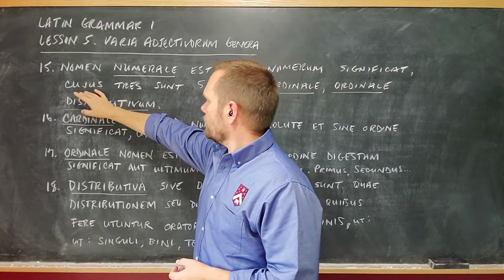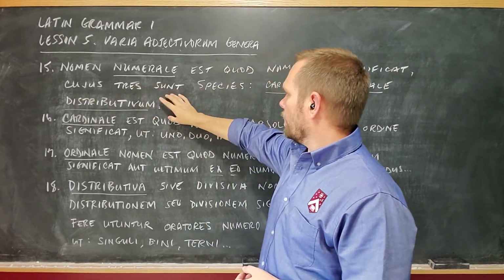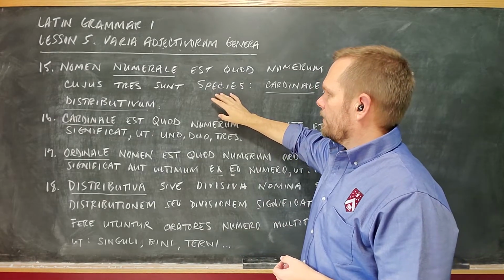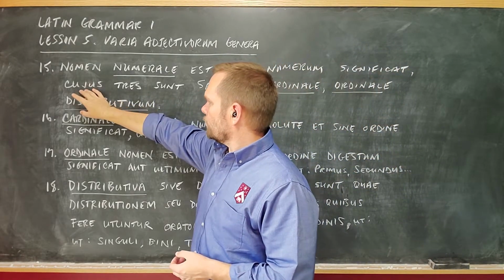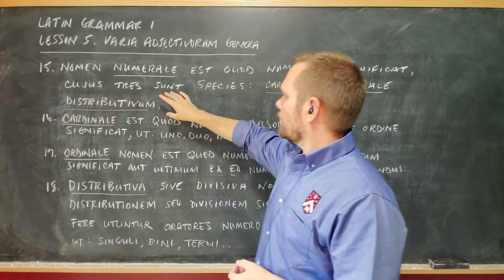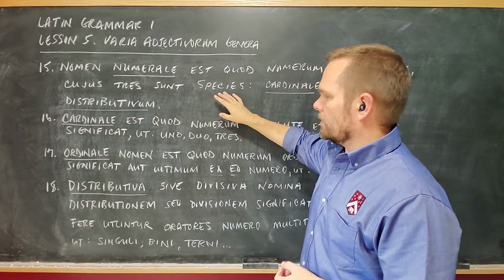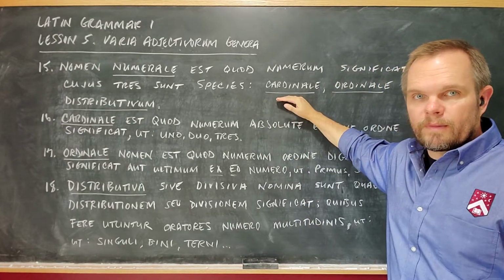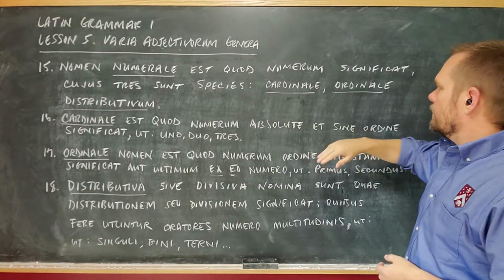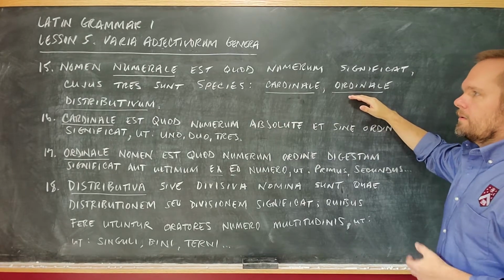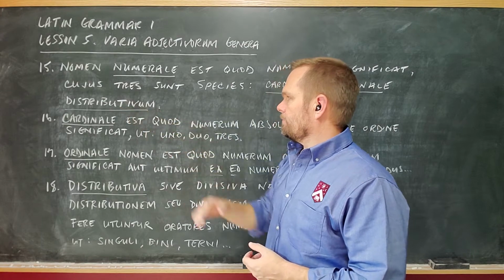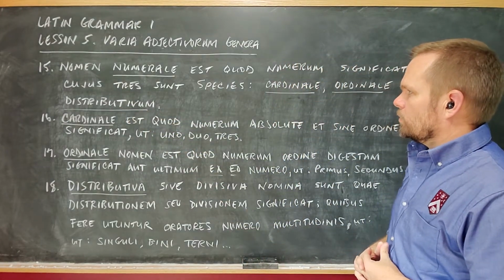Cuius, of which 3 are the species or types. Cardinale, it's one type of numeral noun. Ordinale, the second type of numeral nouns. And distributivum, the third type of numeral nouns.